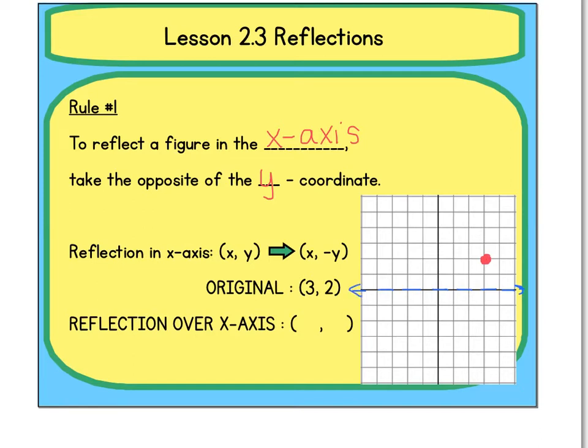What I want to do is, since I want to flip it over, I want to see how far away that red dot is from the blue line. So it is 2 units away. Notice I'd have to go down 1, down 2 to get to that line. So if I want to reflect it, I want to go 2 away. Down 1, down 2, and I will make my new point.